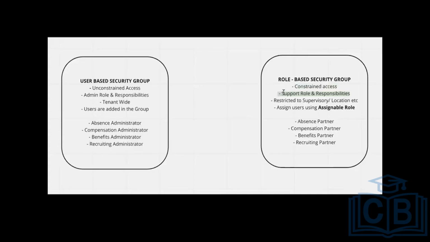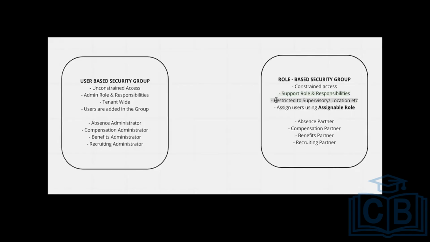But a support role is the one who has more of a view access. They do initiate or own the transaction data. But if anything goes wrong with the transaction, then we are the ones who jump in like admins.